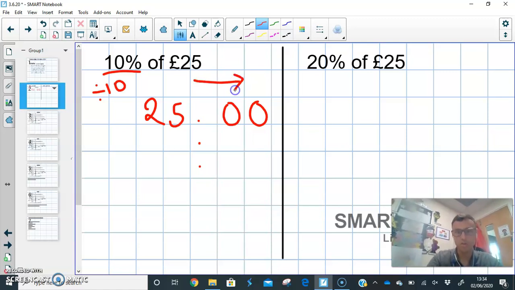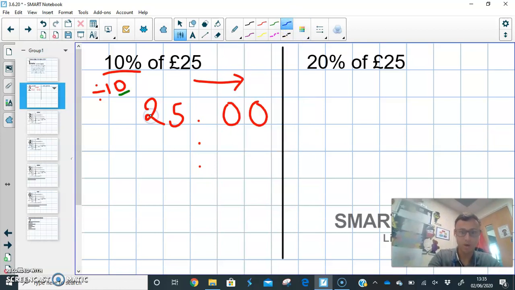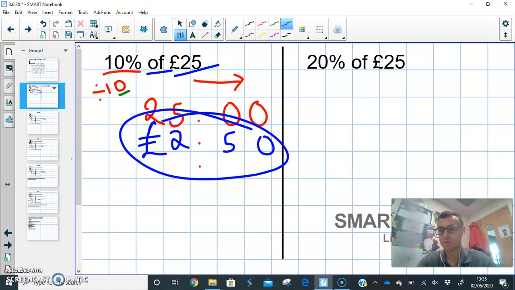Remember, if we're dividing by 10, everything moves to the right, and because 10 has one 0, it moves one place to the right. So my 2 would jump under the 5, the decimal point doesn't move, my 5 would jump under the 0, so it becomes £2.50. So 10% of £25 is £2.50.